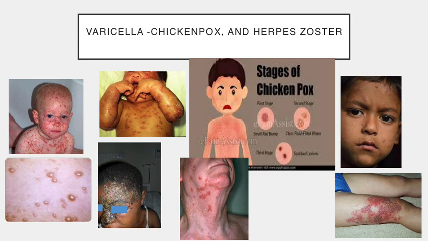And so you can see this in varying stages. The two pictures on the bottom right, the older woman and then the person's leg, those are herpes zoster. You may be more familiar with seeing that.